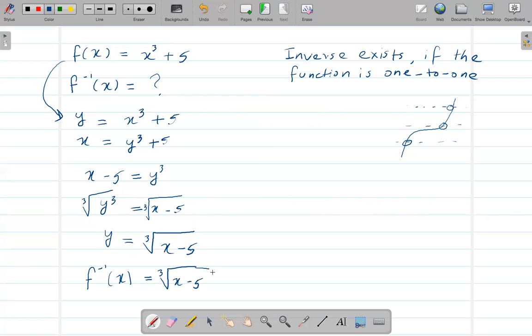Okay, so now let's look at the derivative of an inverse function. The derivative of the inverse function is basically the same thing as the derivative of a regular function. So let's say you are trying to find the derivative of a function at a.